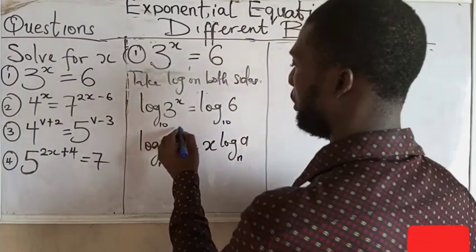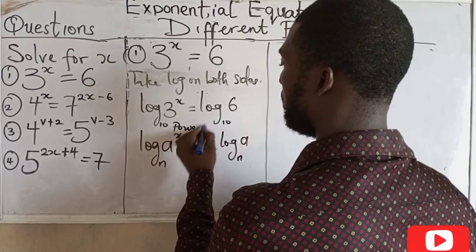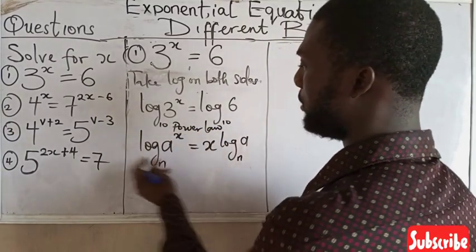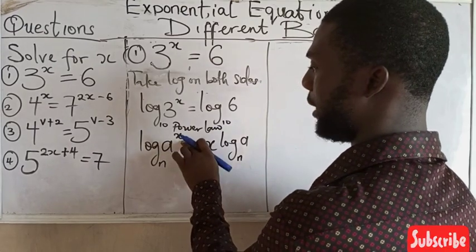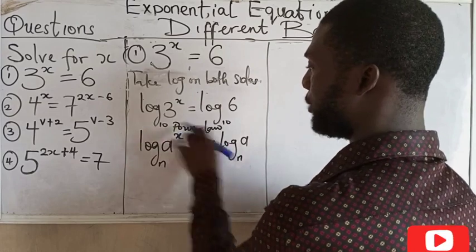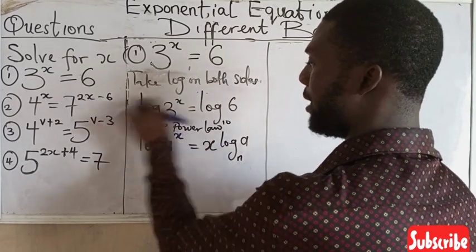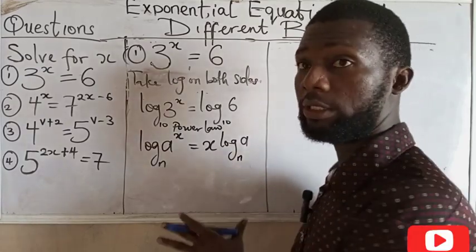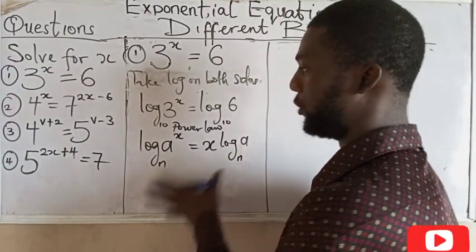So this law is known as the power law of logarithm. Let's look at it again. It states that if you have log a raised to power x base n, you can as well say x, this power has to come to the front, log a base n. That is what this power law is talking about.